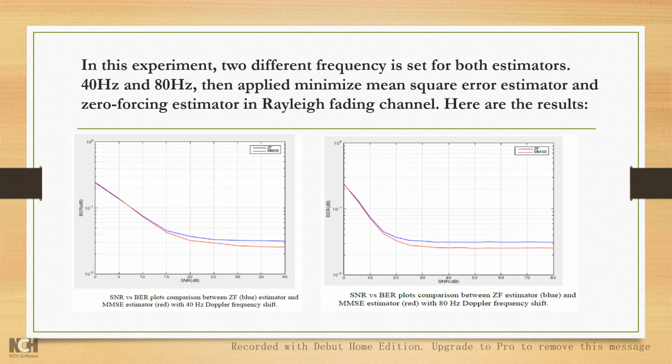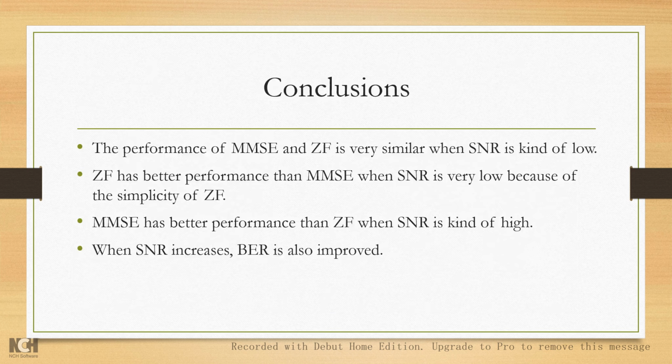We can see several conclusions from these two pictures. The first one is that the performance of the minimum mean square error estimator and the zero forcing estimator is very similar when the noise is low. The second one is that the ZF estimator has better performance than the MMSE estimator when noise is very low because of the simplicity of ZF.